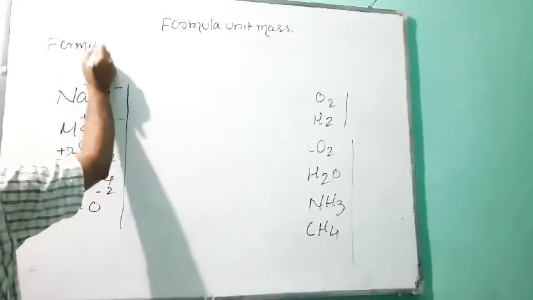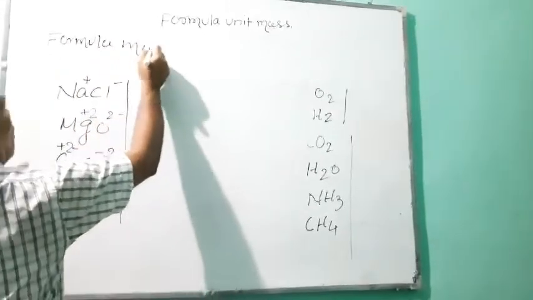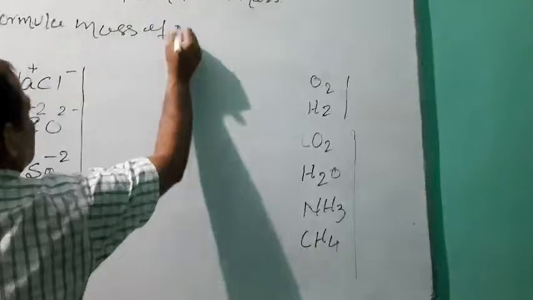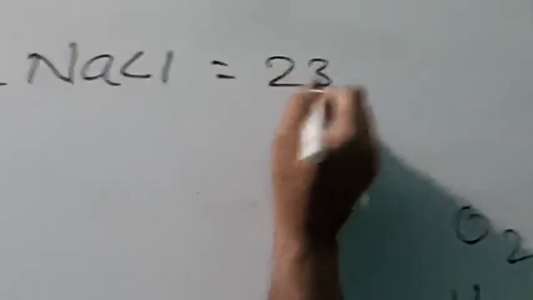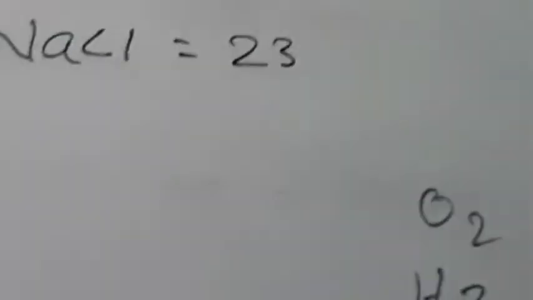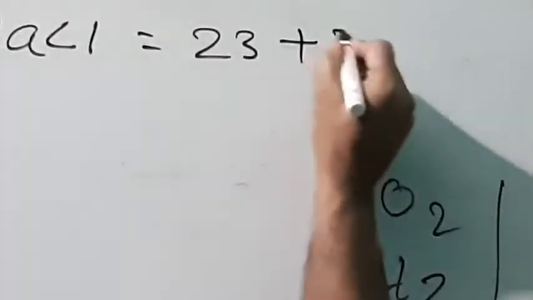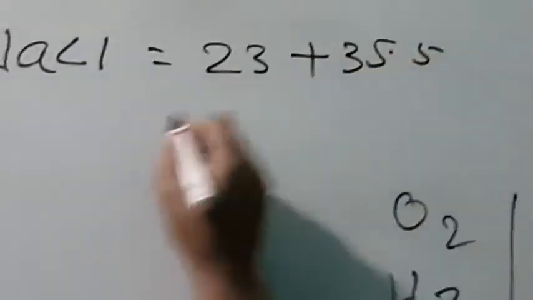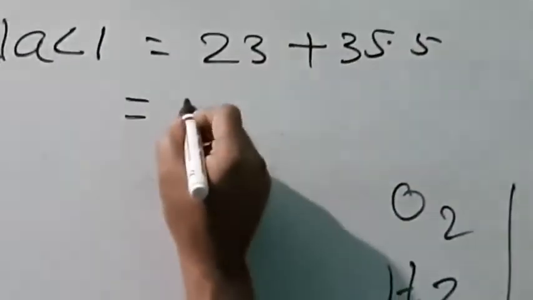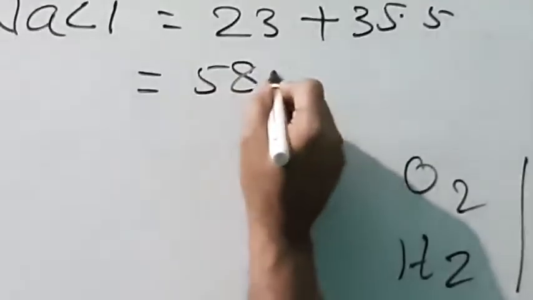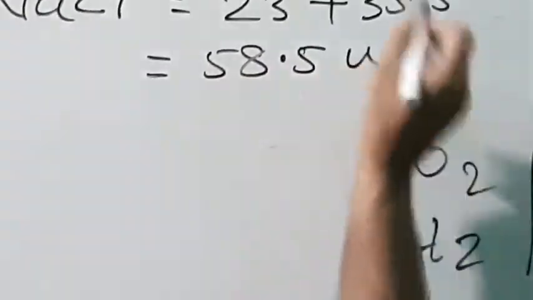As for example, formula unit mass of the compound NaCl. Atomic mass of sodium is 23 plus Cl 35.5. So formula unit mass is 58.5 u.